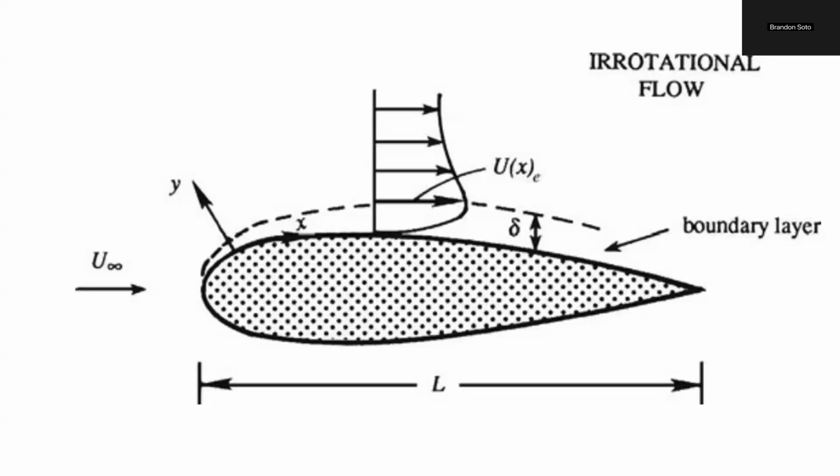Now what do we get? Maybe U infinity. Yes, it's still U infinity, that characteristic speed, so we bring that down. But now we need to be a little careful here. What is the length scale that viscous terms carry?